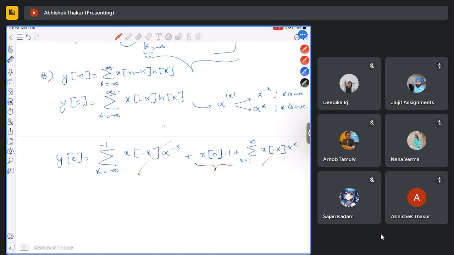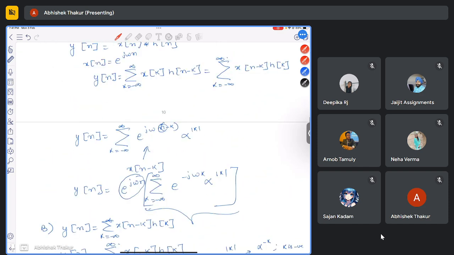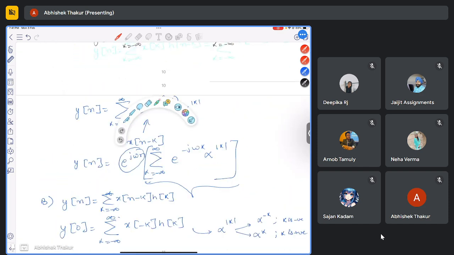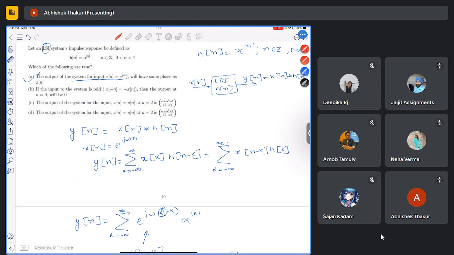Why? Because here you see, if x of n is an odd function, an odd function will always pass through the center. So for an odd function, x of 0 will be 0 only.